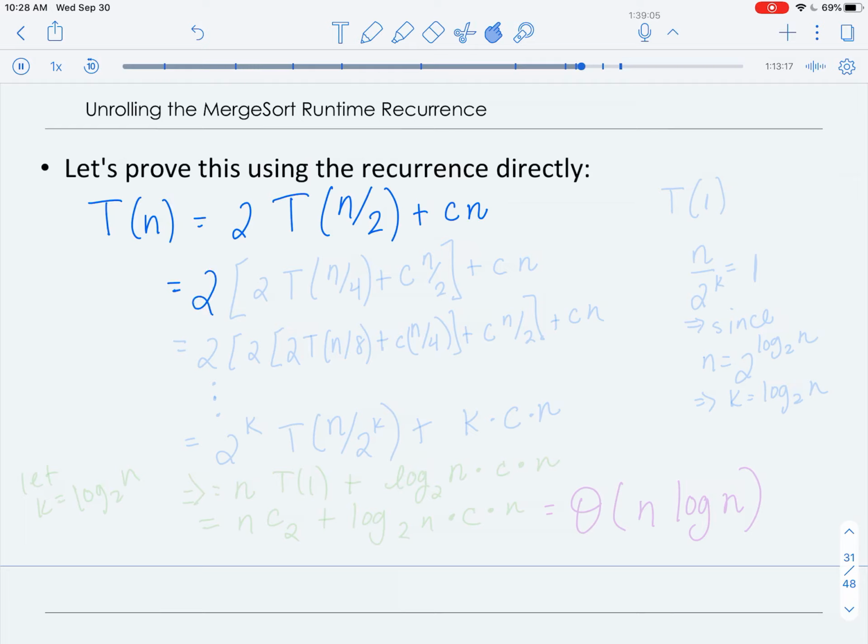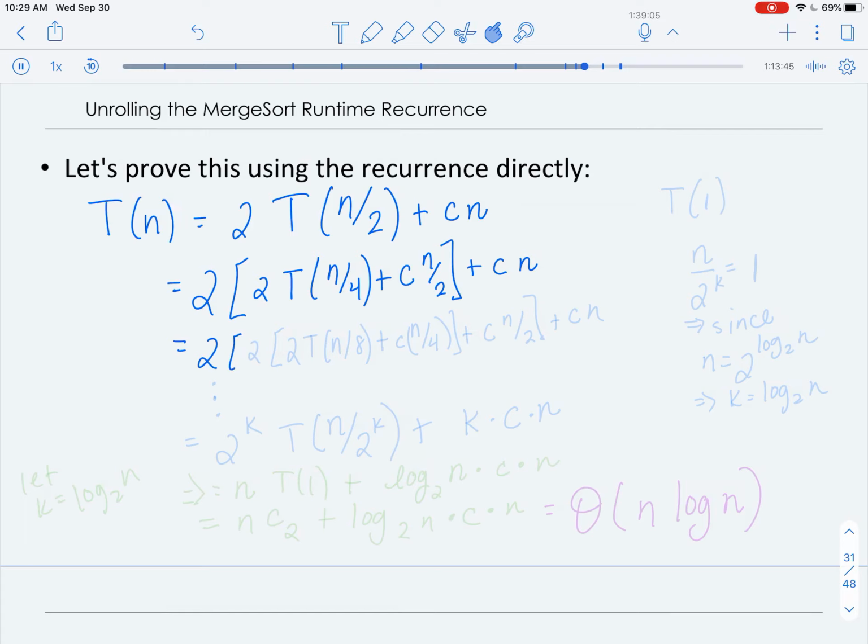Now, what I meant by unrolling is that now we can apply the recursion itself recursively. So here we can rewrite T(n/2) as 2 times T(n/4) plus constant times n/2, plus cn. Then we can unroll it again.